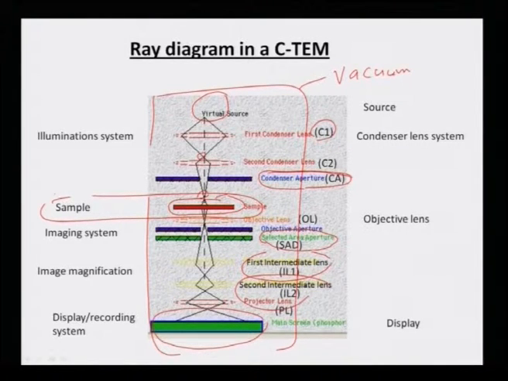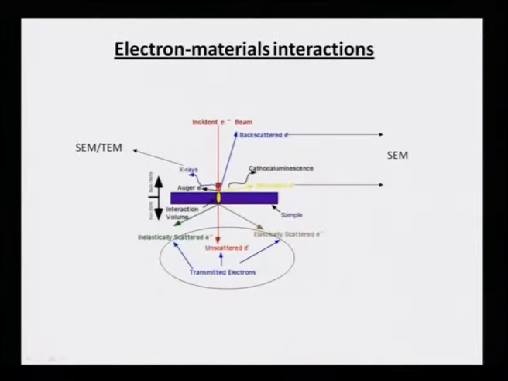So, as you can clearly see, as the electron falls on a sample, there is a lot of interaction happening, and the next thing I am going to discuss is how this interaction can be used. Let me go back and tell you how this interaction can be used in the real world for different purposes in transmission electron microscopes.